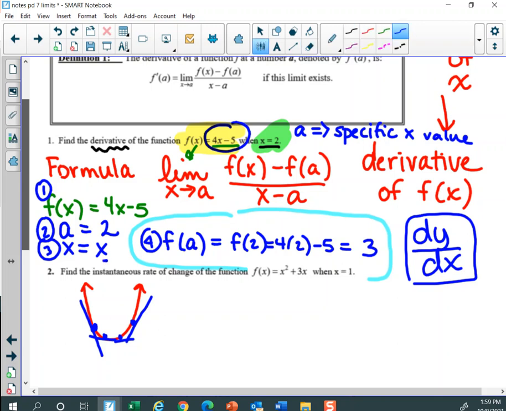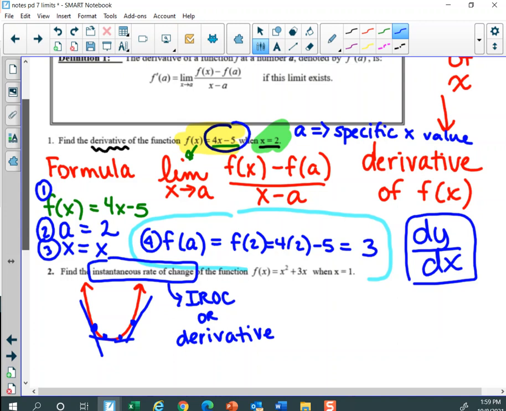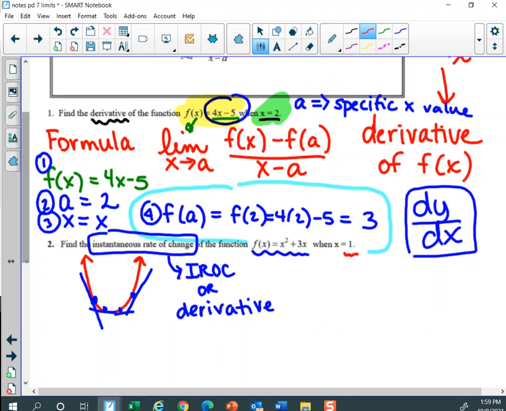I want you to find, for problem 2, the instantaneous rate of change, which, remember, is just a synonym, a code phrase for derivative, for this particular f function at that particular a.